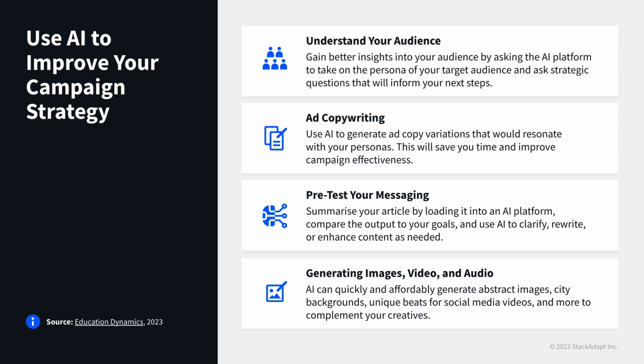Ad copywriting, it helps to generate different ad copy variations that you can use for those different personas that you have gained insights from. Then also testing out that messaging to see if it actually does resonate with your audience, and then you can tweak it and rewrite it if needed.